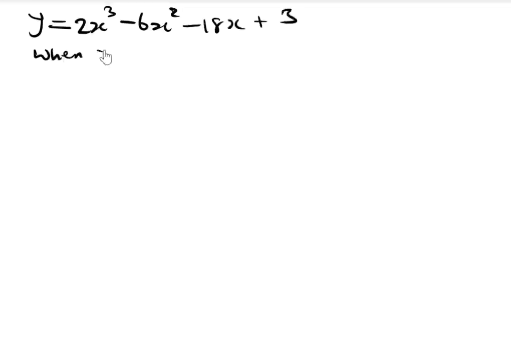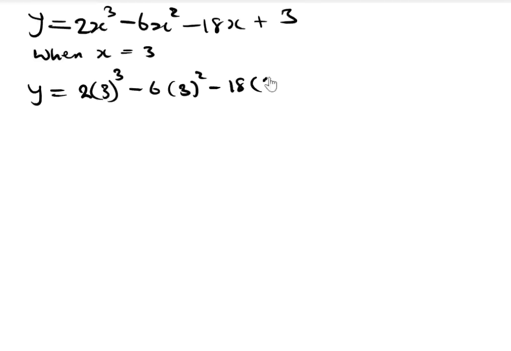When x equal to 3, y will be equal to 2 into 3 cubed, minus 6 into 3 squared, minus 18 multiplied by 3, plus 3.